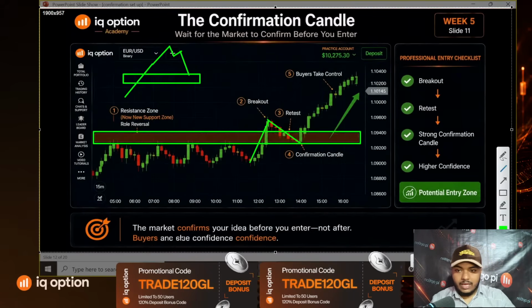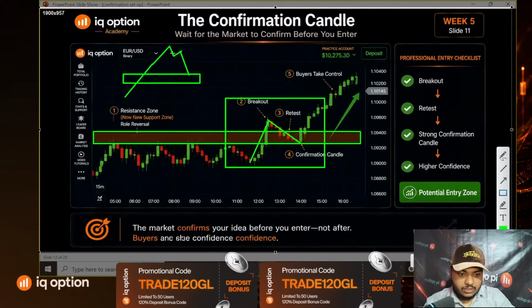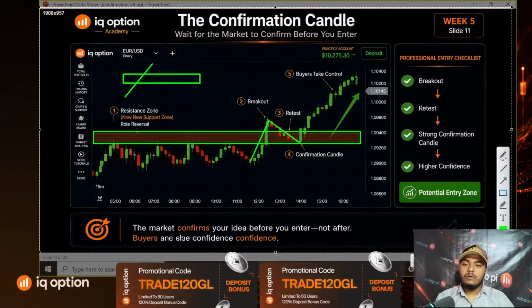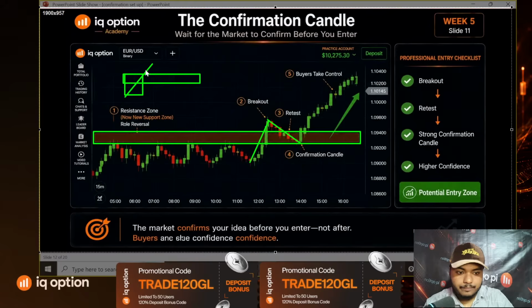And there is another scenario, which is both breakout and retest and then trade. How is it actually done? After you see a breakout, watch the candles properly.